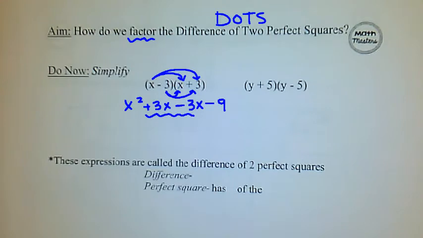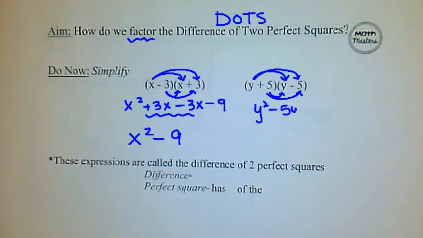If we combine like terms, our final answer will be x squared minus 9. If we do the same thing with the second question, a similar thing will happen. We'll get y squared minus 5y plus 5y minus 25, and those cancel as well.